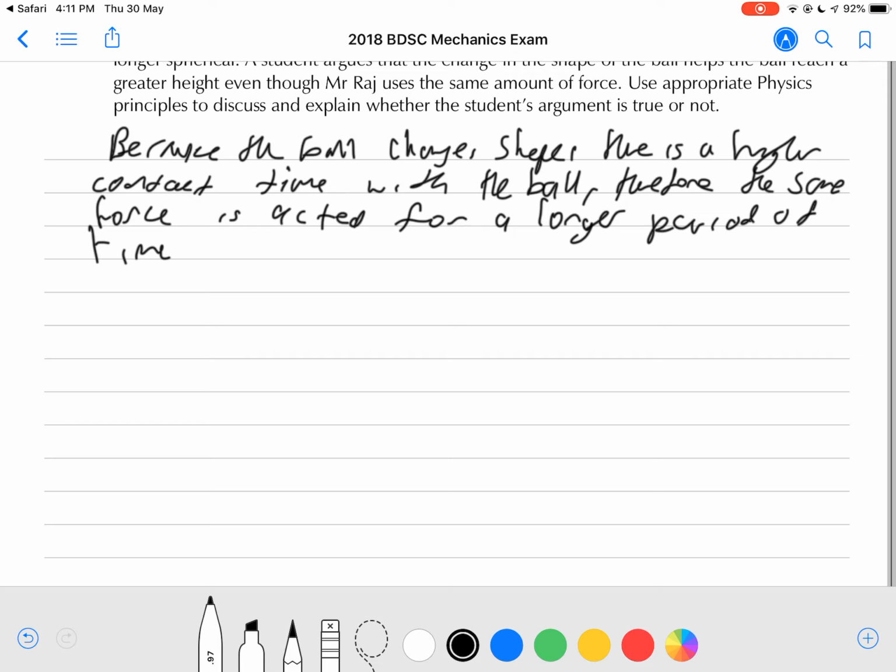And this actually means that the change in momentum increases.